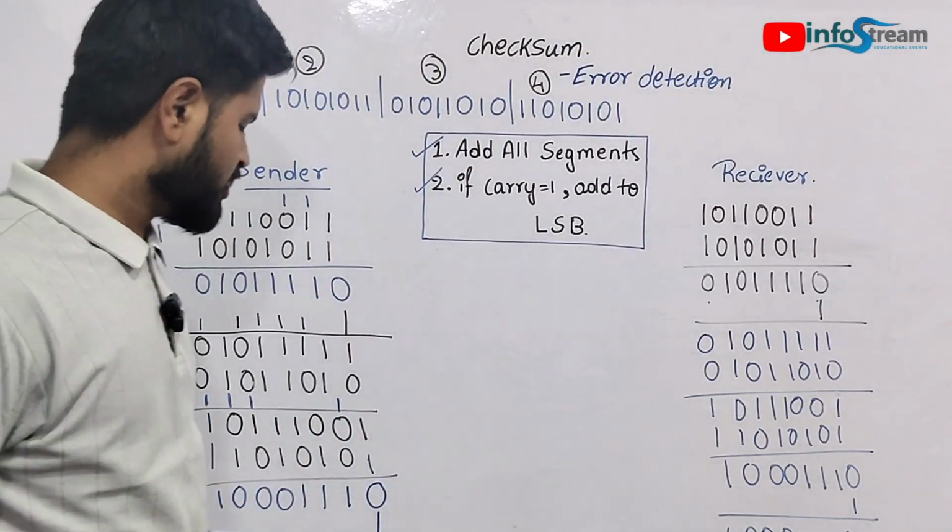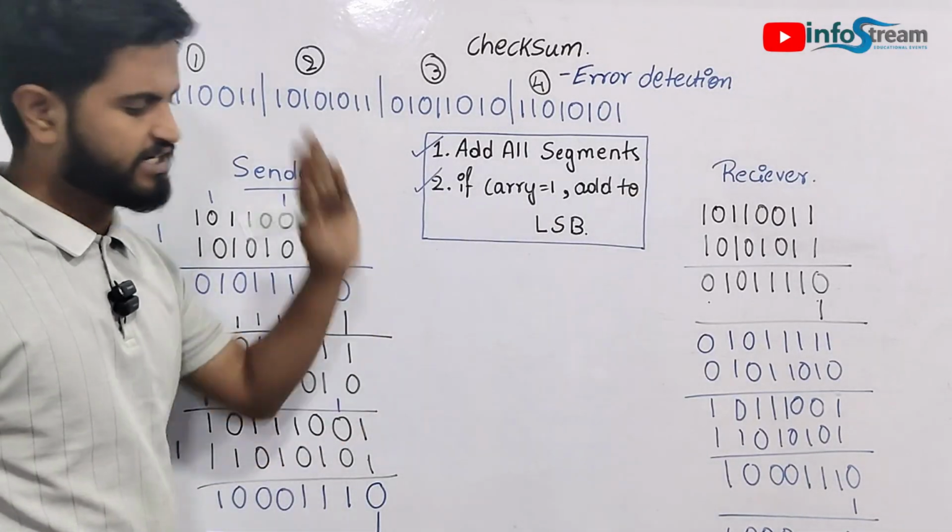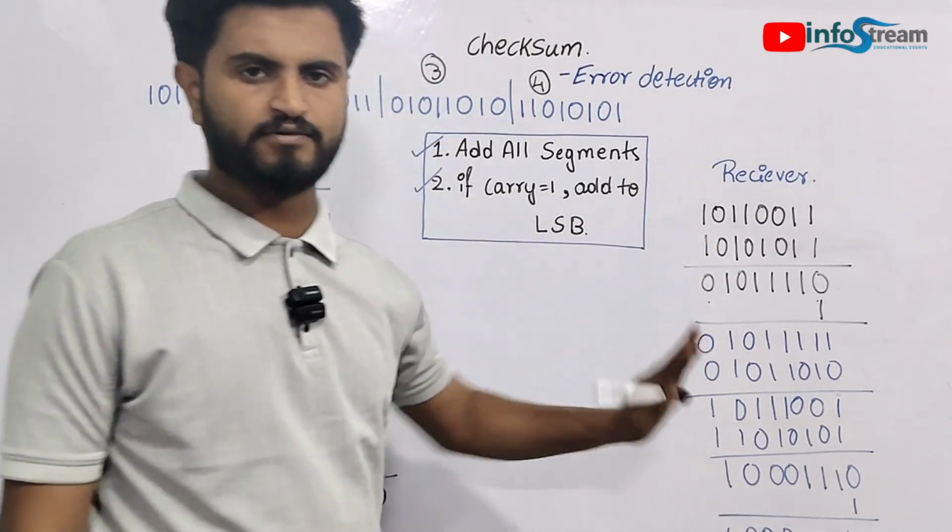So now you just copied the same procedure which you did in the sender side towards the receiver side, and you got the same remainder at the receiver side also.